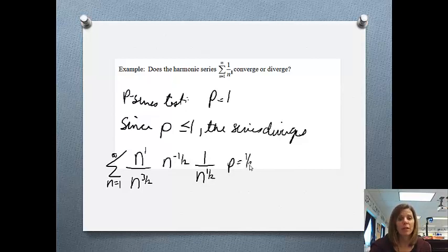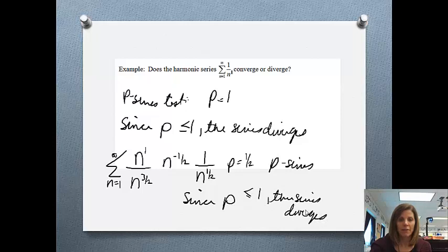My p would equal 1/2, and I would definitely let my reader know that it is a p-series, and I will say on this one, since p is, once again, less than or equal to 1, the series diverges. All right, and I think that's pretty much it.